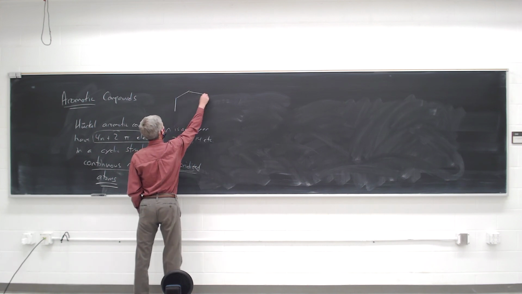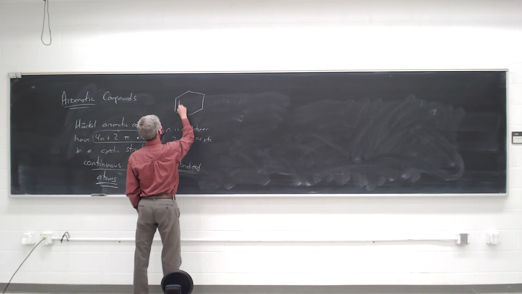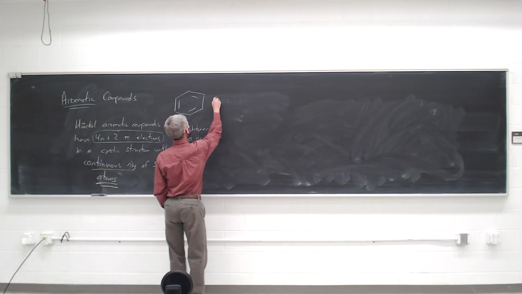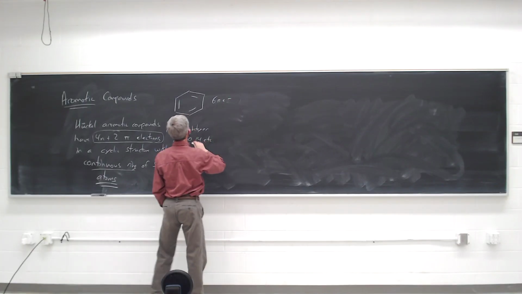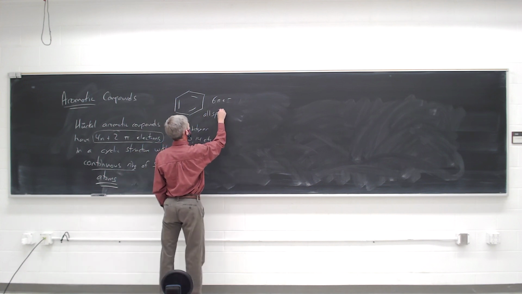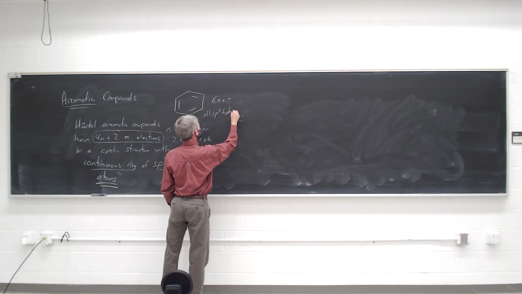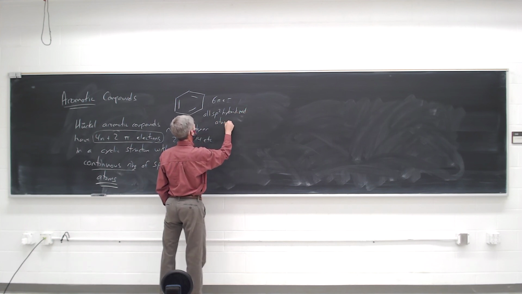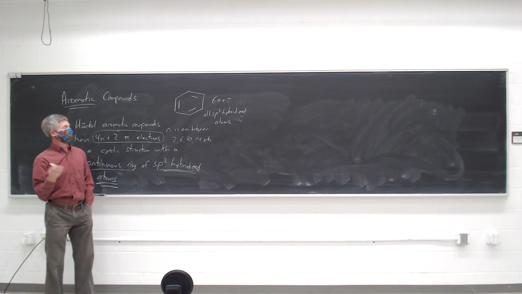So benzene fits the bill. It's a 6-membered ring, which means there are 6 pi electrons. And all of these carbons are sp2. But cyclohexadiene does not fit, right?